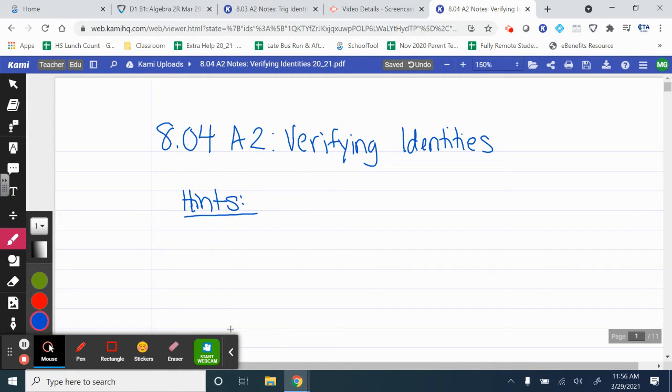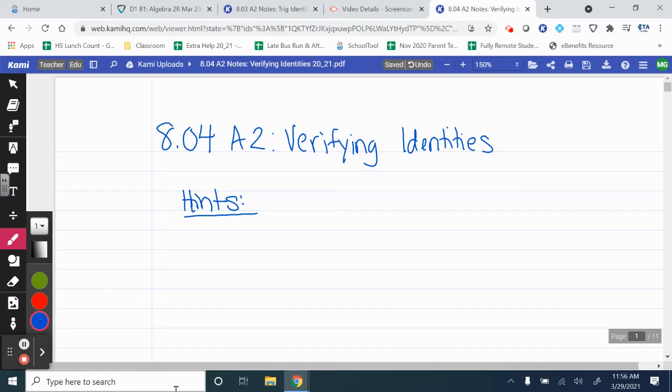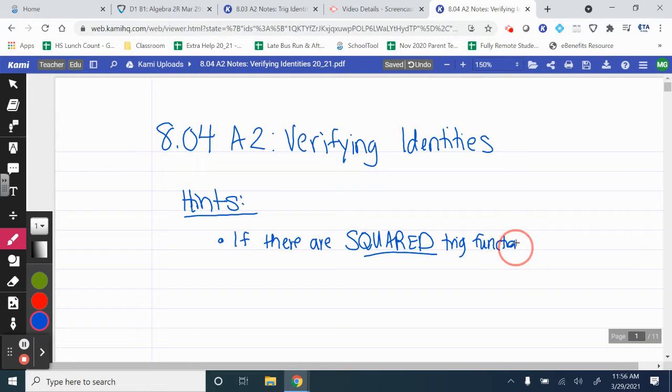So here are some hints that might be helpful for you to look for as you do these types of problems. You want to look for opportunities to use the fundamental identities. So if there are squared trig functions, a good idea is to try your Pythagorean identities, like your sine squared plus cosine squared equals 1 identities.